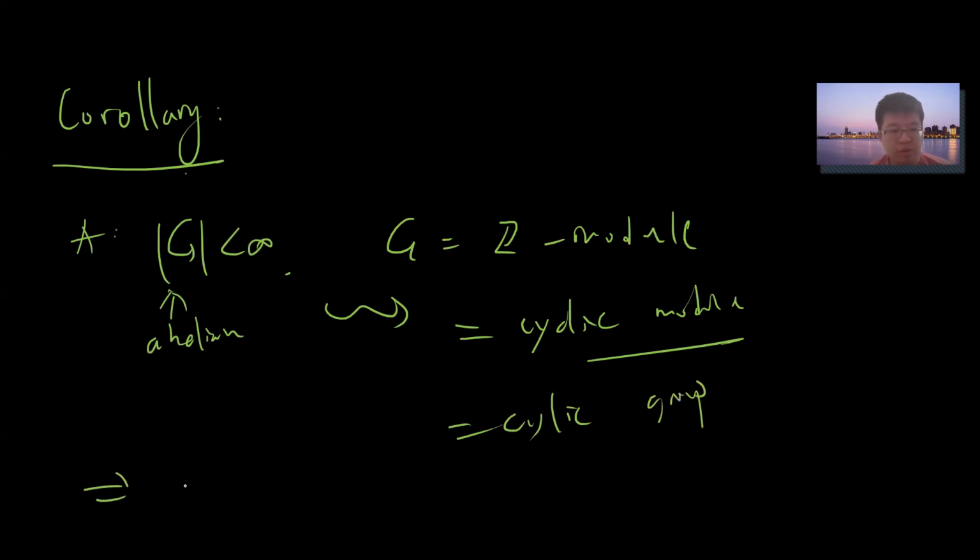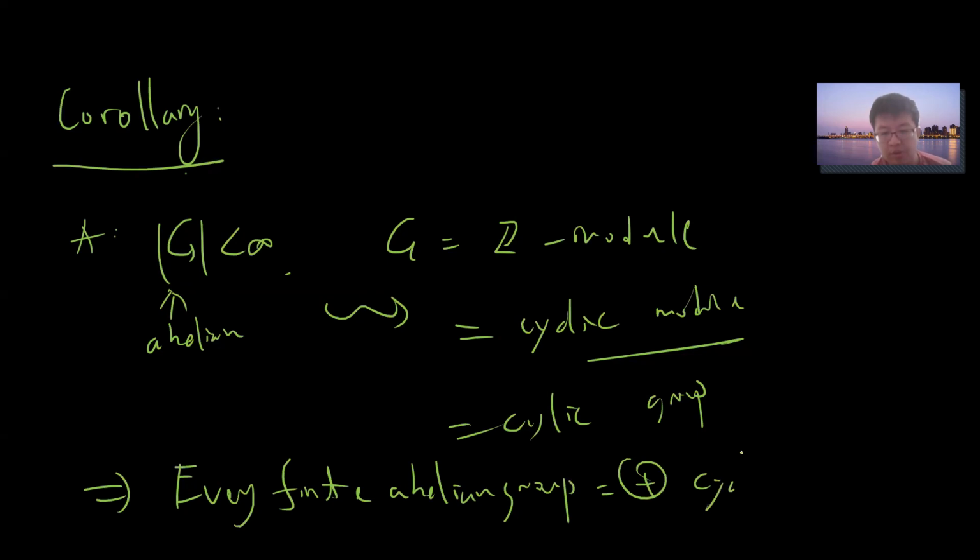So we prove that every finite abelian group is a direct sum of cyclic groups. Notice that Z is a Euclidean domain. So what is the general proof for a Euclidean domain?